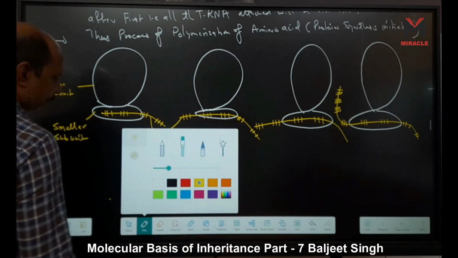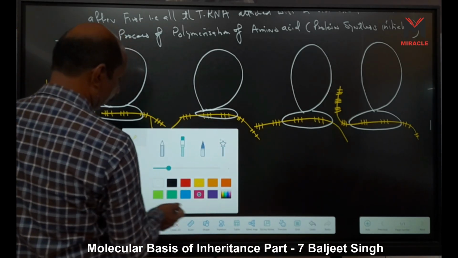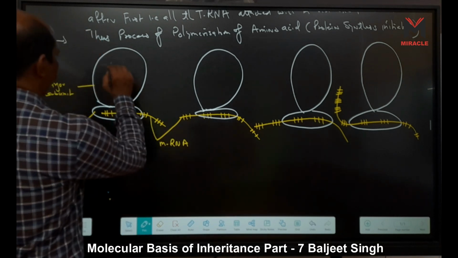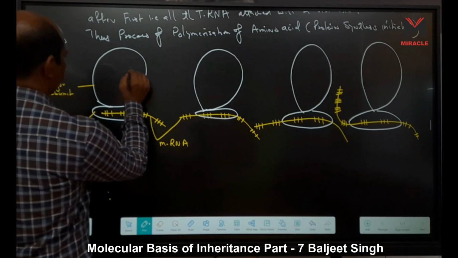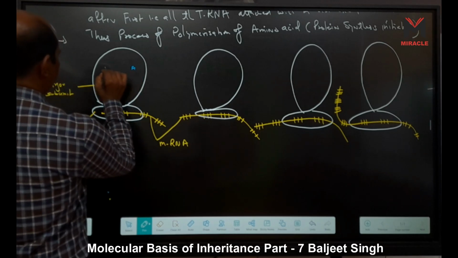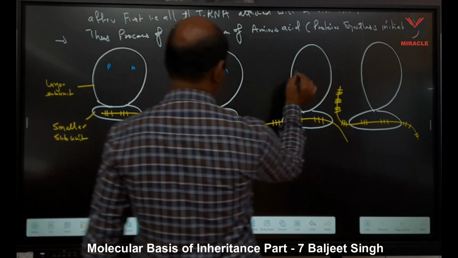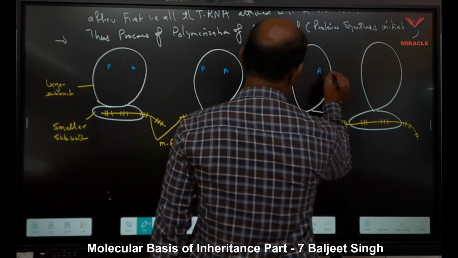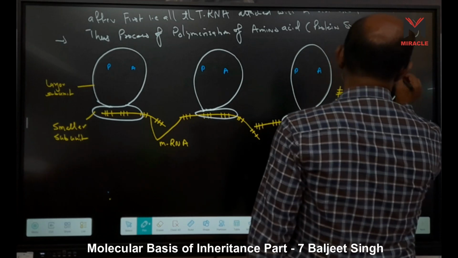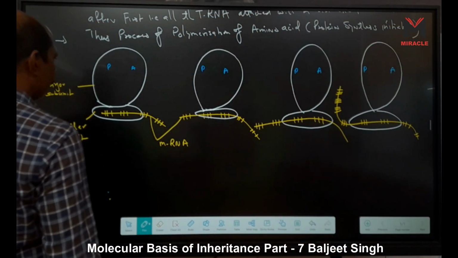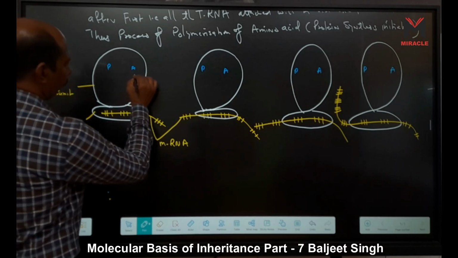It has two sides, and this side is the A side and this is the P side. Two sides are there, the P and A sides. And in this side, what is there? Here, ribosomal RNA.